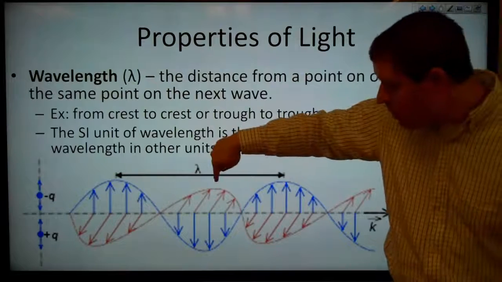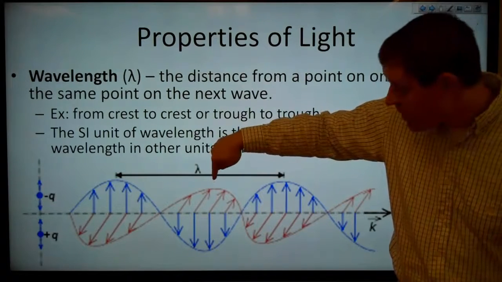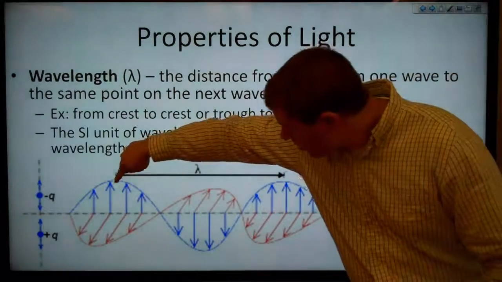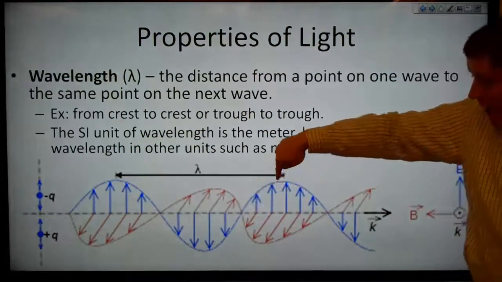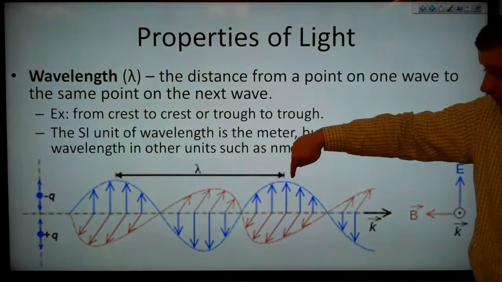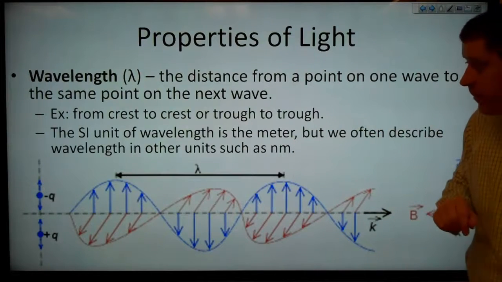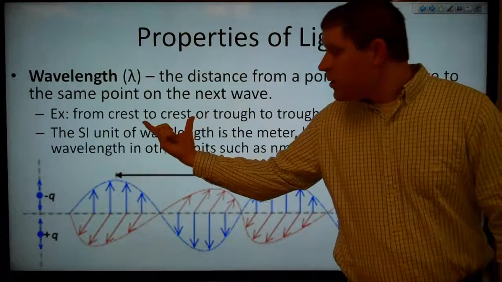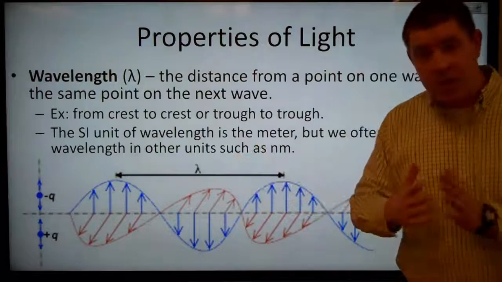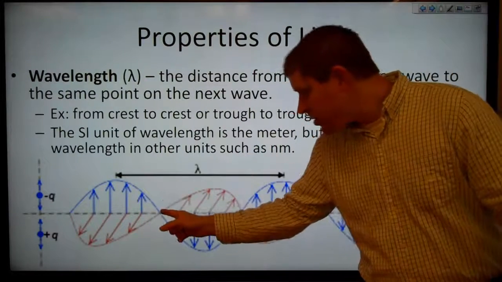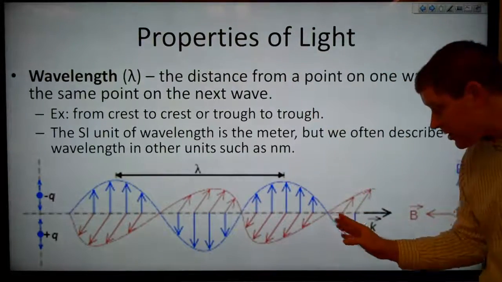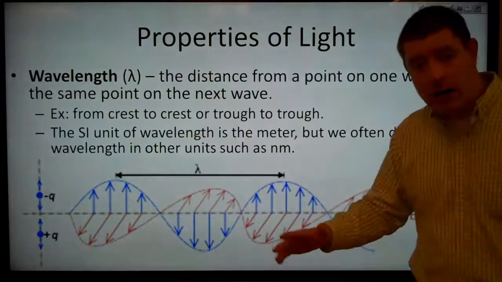Note that we're not going to the peak on the red curve there, because the blue curve is going down to its minimum, and then back up to the maximum, and so on. It'll keep going. So, the wavelength is the distance from crest to crest, or trough to trough, or from where it crosses the zero going down to where it crosses the zero again going down, or going back up, and so on.